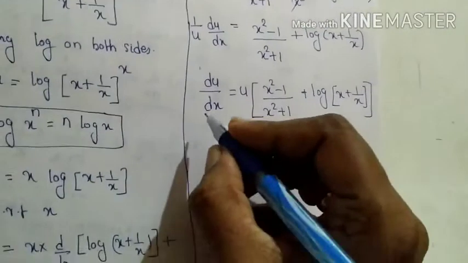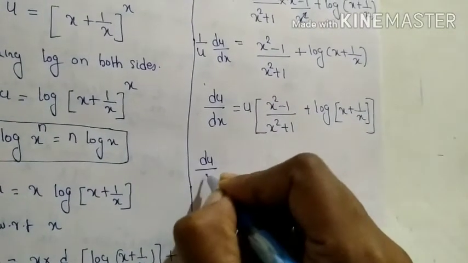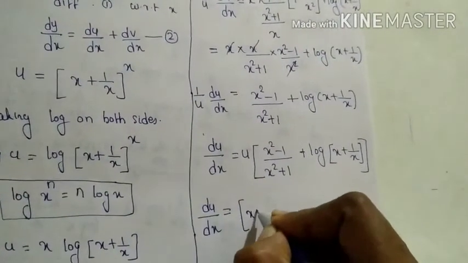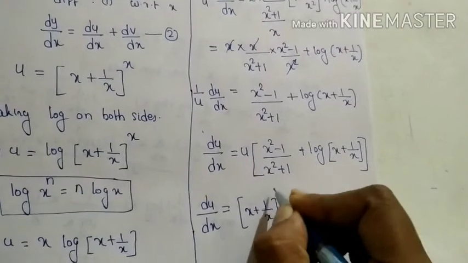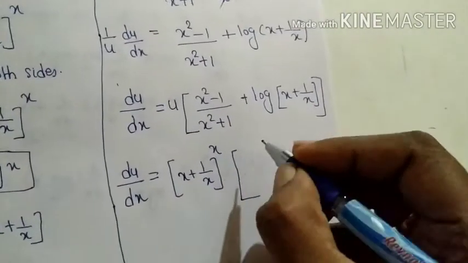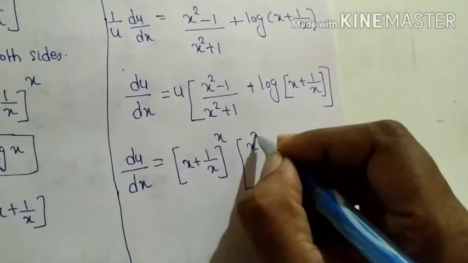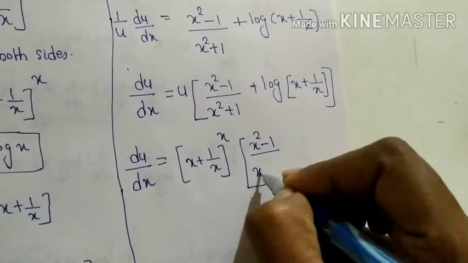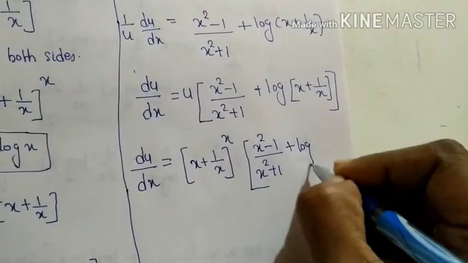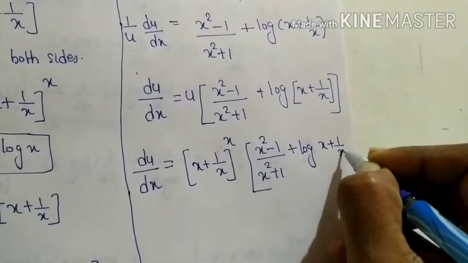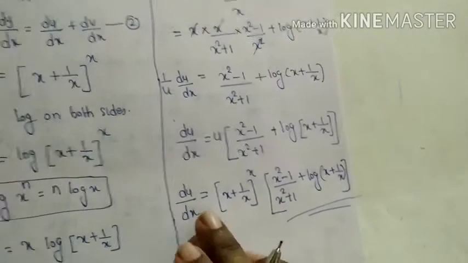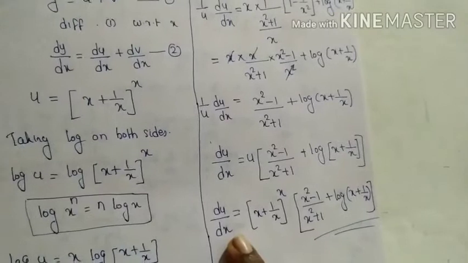We get our final answer of du by dx equal to (x plus 1 by x) whole raised to x into the remaining terms, which are the same. So write here (x square minus 1) divided by (x square plus 1) plus log of (x plus 1 by x) will be the answer of du by dx. Okay.